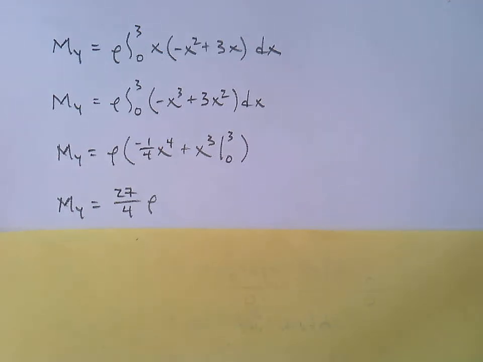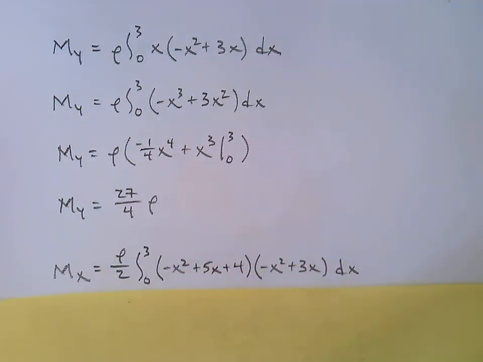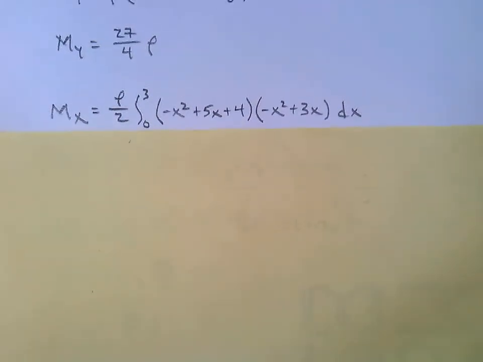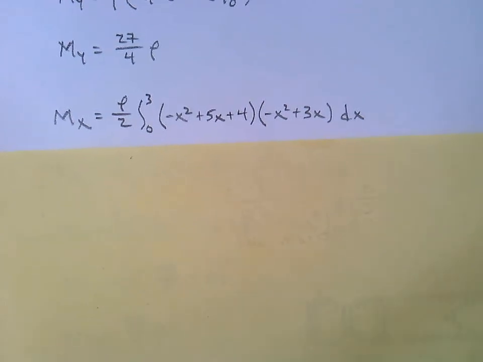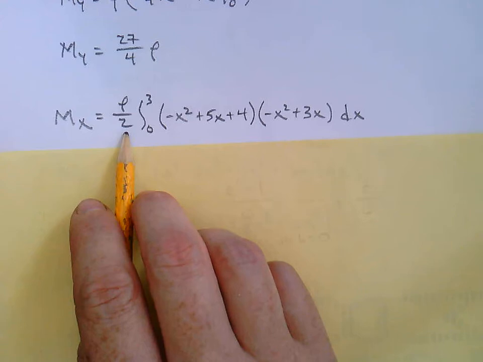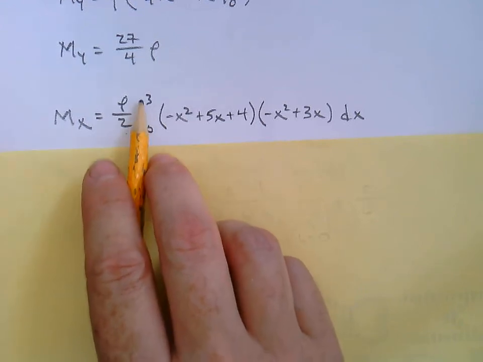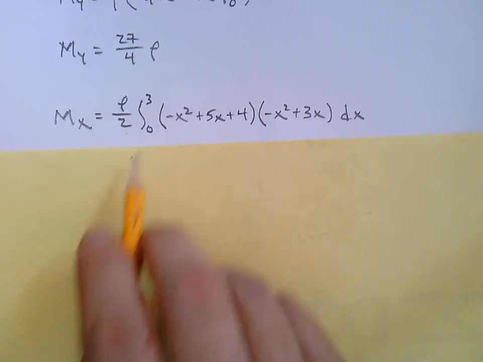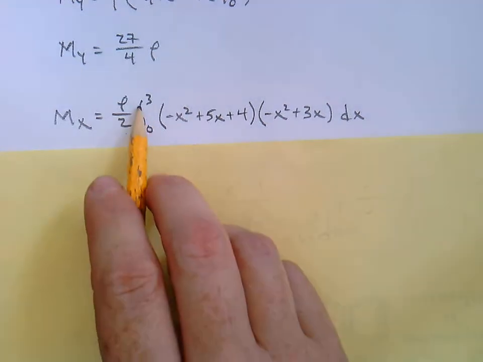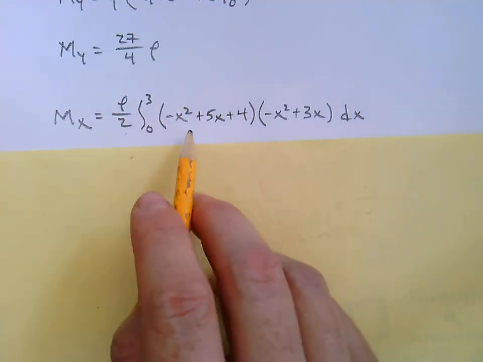We're almost there. We just need to do Mx. Okay, so our formula is rho over 2, still integral from 0 to 3. That integral is going to be the same for both My and Mx. And now what is this?